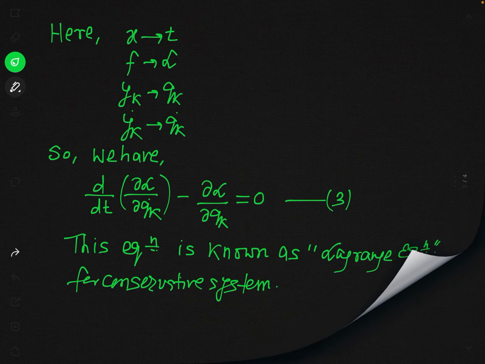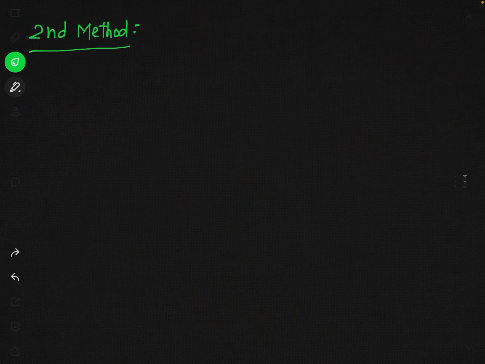Now we will see another method, which is a rigorous method to find the Lagrange equation for a conservative system. You know, the Lagrangian of the system in general is a function of qk, q̇k and t.